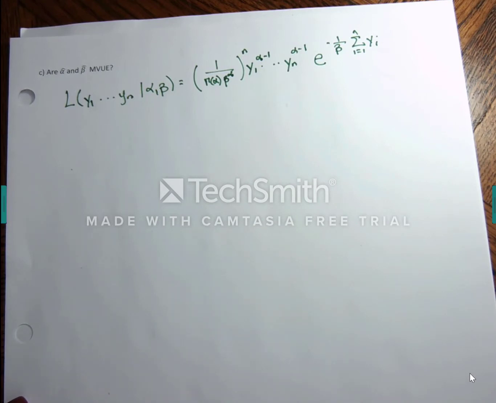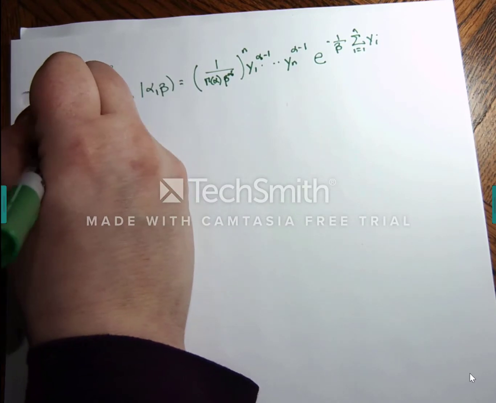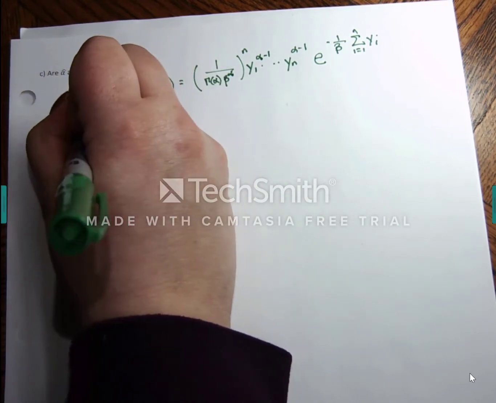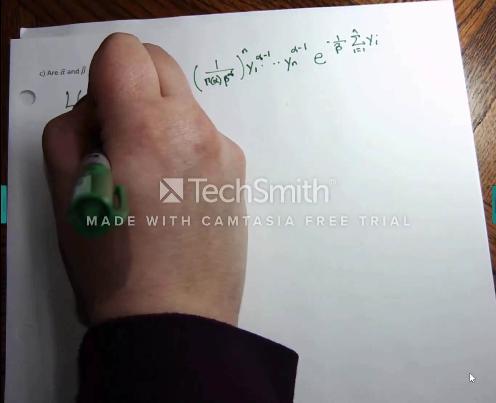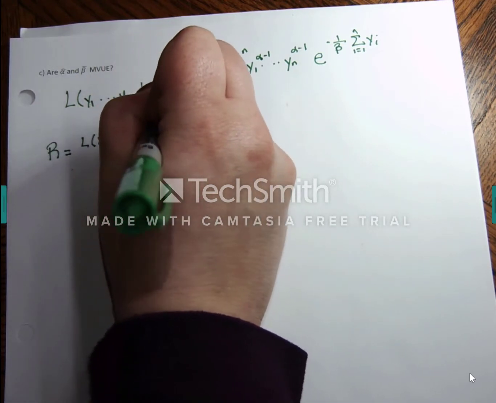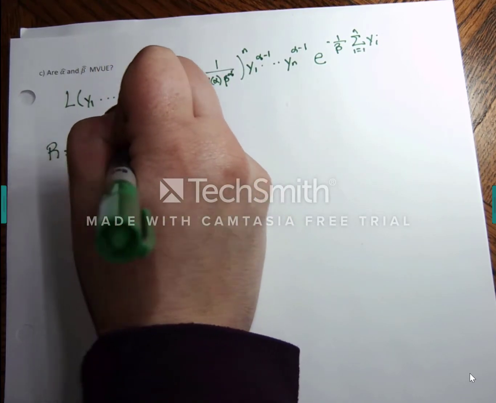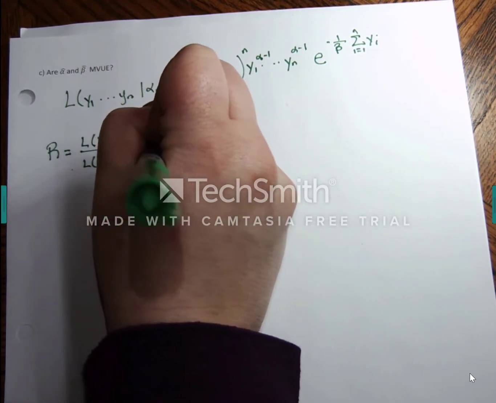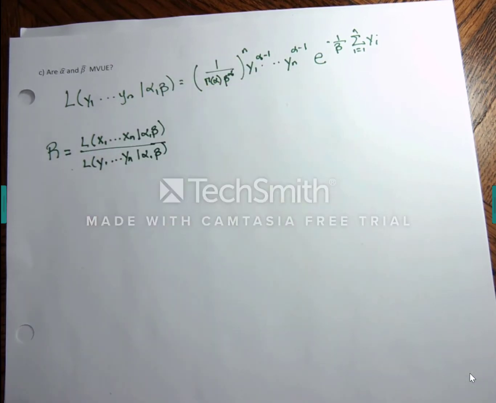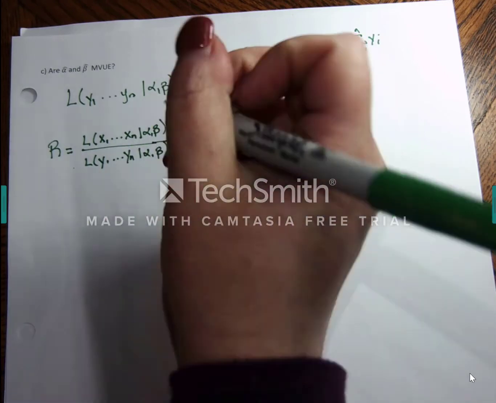Alright, so now we're going to look at that ratio of the likelihoods. So we've got R is equal to, in the numerator, the likelihood in terms of x. In the denominator, I'm going to have the likelihood in terms of y. Next thing I'm going to do is write that likelihood again in terms of x and y.